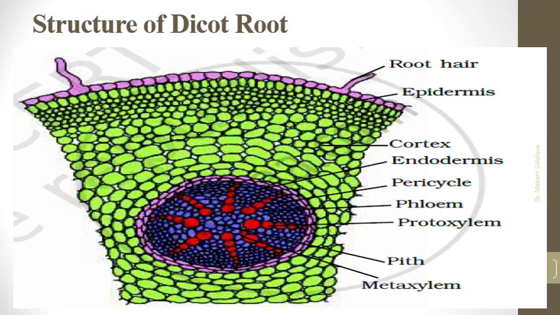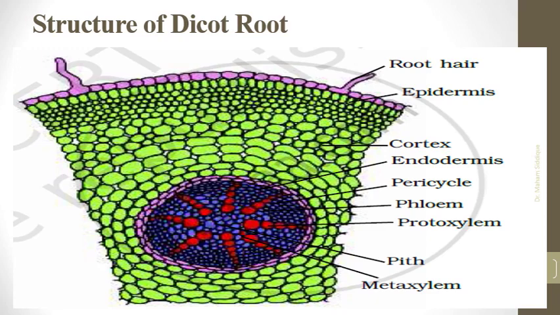Next is cortex. It is quite large and extensive in roots. Cortex is made of thin-walled, living parenchymatous cells with leucoplasts, which convert sugar into starch grains.